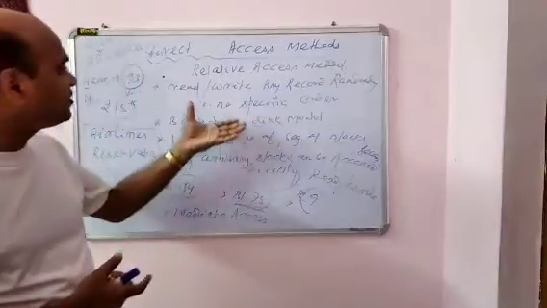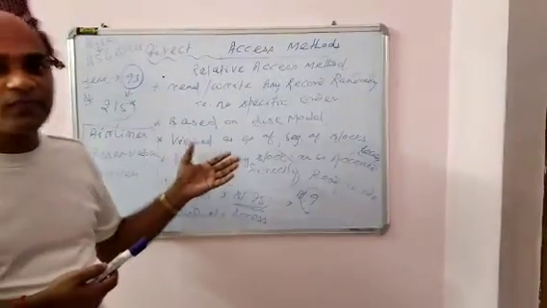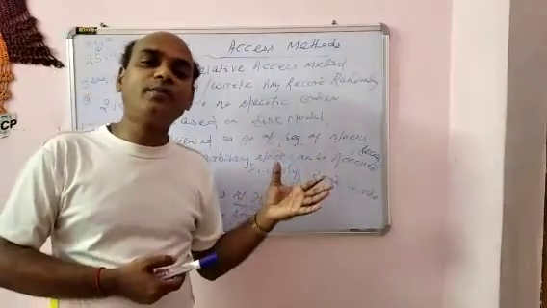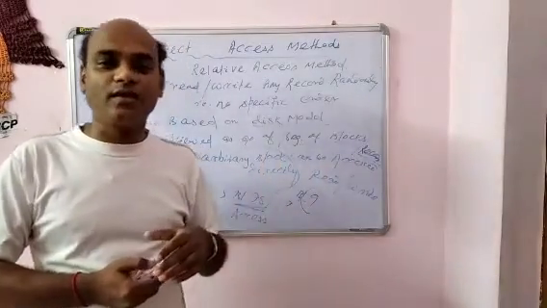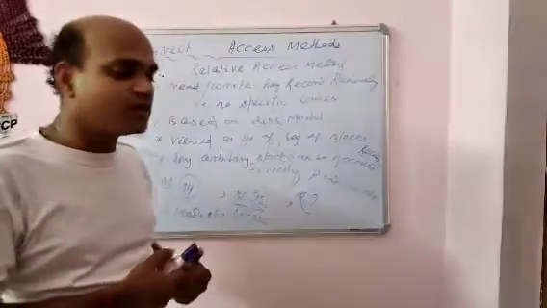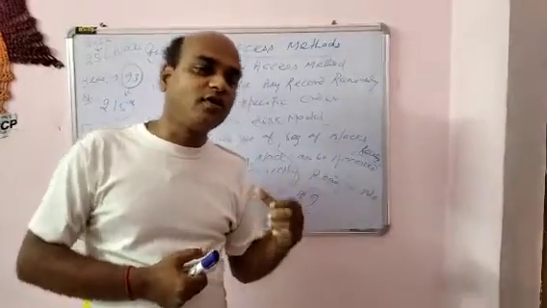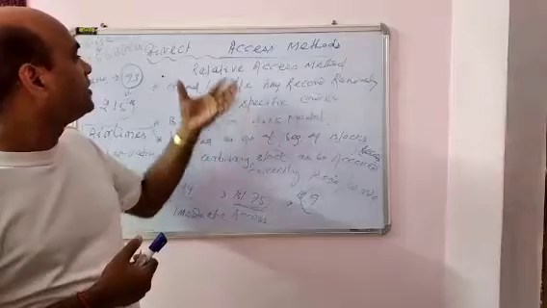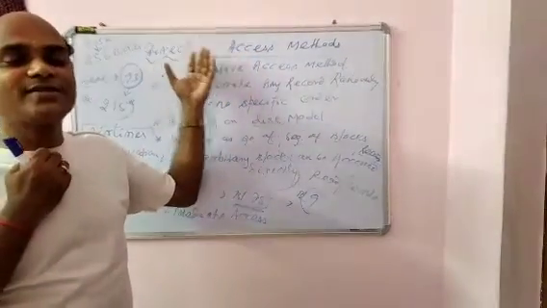Normally the direct access method uses a hash function, the hash mechanism. Already we have learned the hash mechanism in unit 2 of database management systems. By using a hash function, we can have direct file organization or the direct access method.